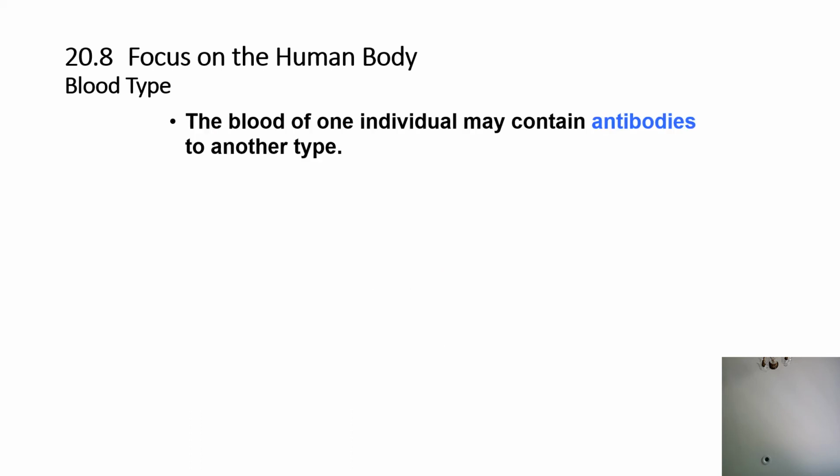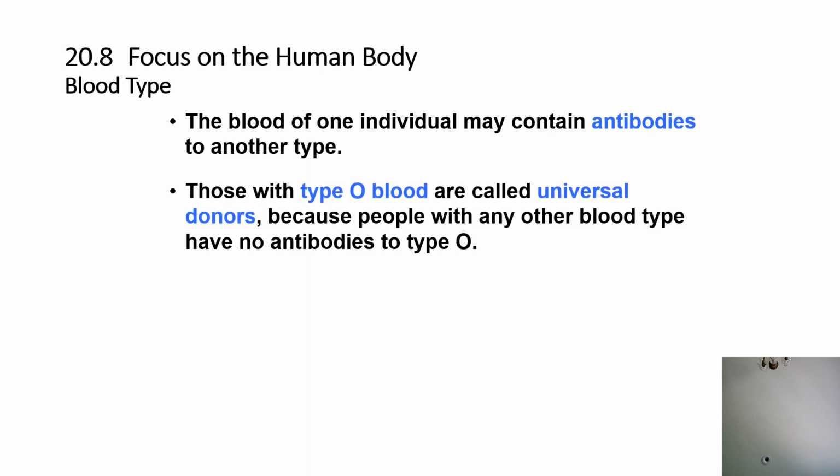And then the blood, we all know this, if you've ever had to have a surgery, or maybe a relative needs blood for some reason, you always have to have your blood typed and cross-matched, because the blood of one individual may contain antibodies to another blood type.